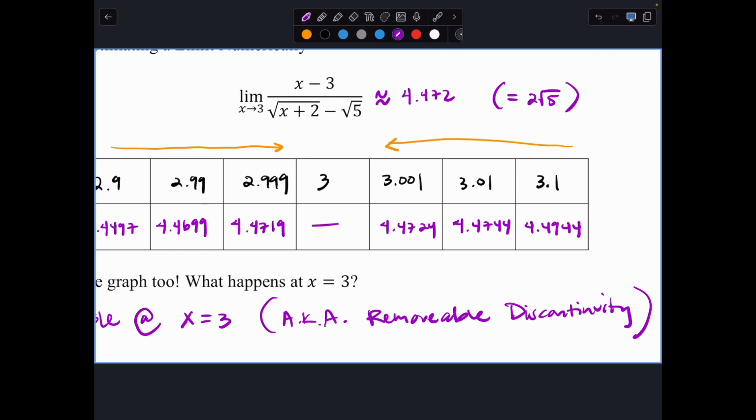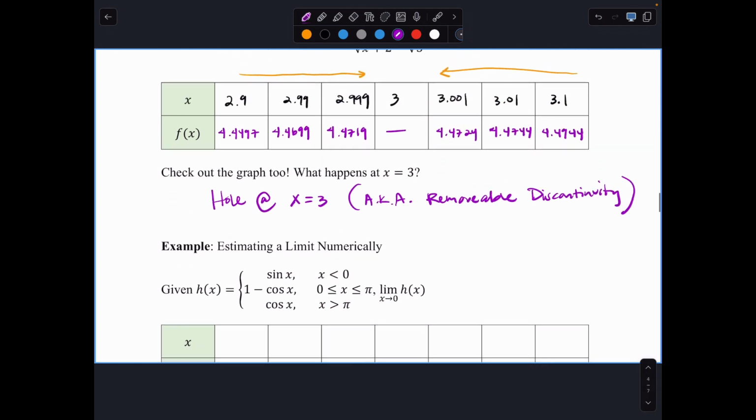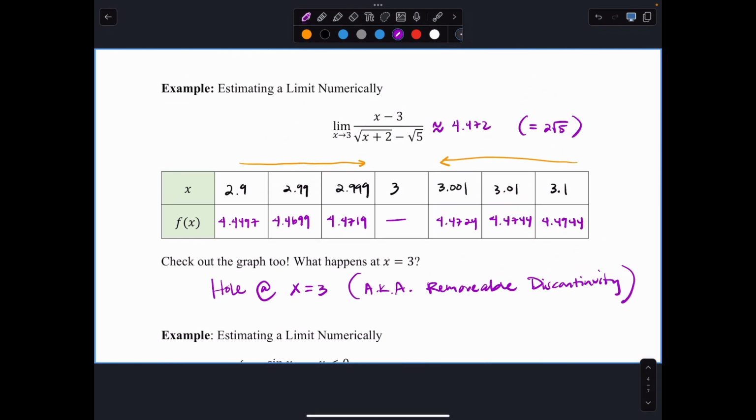So this is what I mean by estimating either numerically or graphically. We'll be more precise with what a limit is once we're evaluating using either algebra or calculus. And when I say calculus, I mean using derivatives, something called L'Hopital. So this limit exists. We were able to determine an approximation for this limit by reading the table.